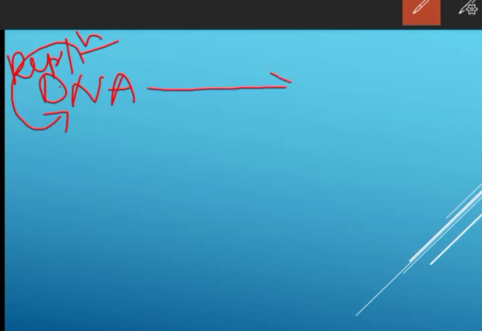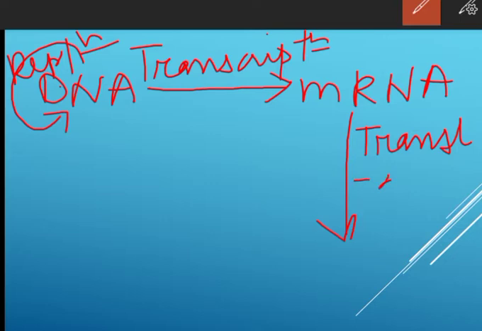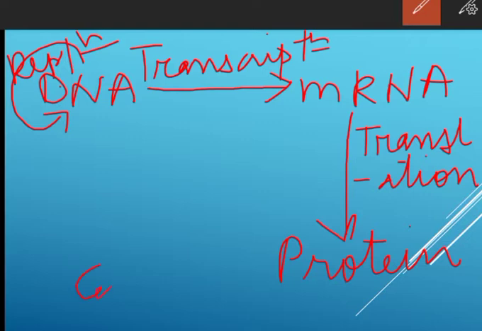This DNA undergoes transcription and produces the messenger RNA, and this RNA undergoes translation and produces protein. Okay, so this is what? This is the central dogma.